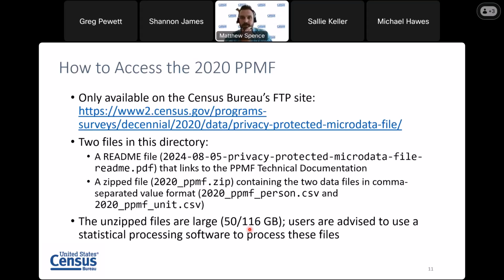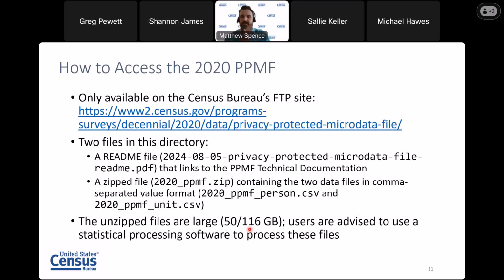So what do we recommend people do? We recommend using statistical processing software, and potentially you might want to use a cloud computing instance, or otherwise trim down and filter the file as you're reading it in.